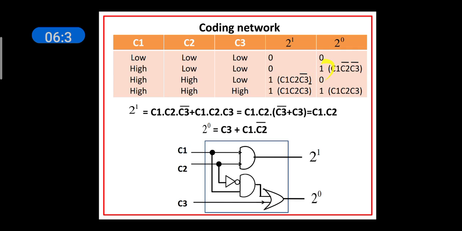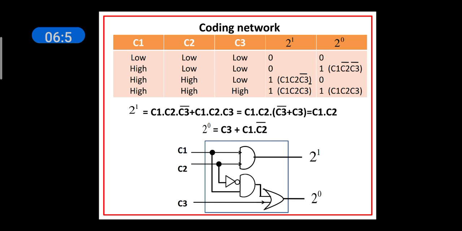For this, the expression can be written as C1 C2 bar, because C1 C2 bar will be high only for the second state. For other states it will be 0. So 2 power 0 can be written as C3 plus C1 C2 bar. The corresponding circuits are drawn below here.